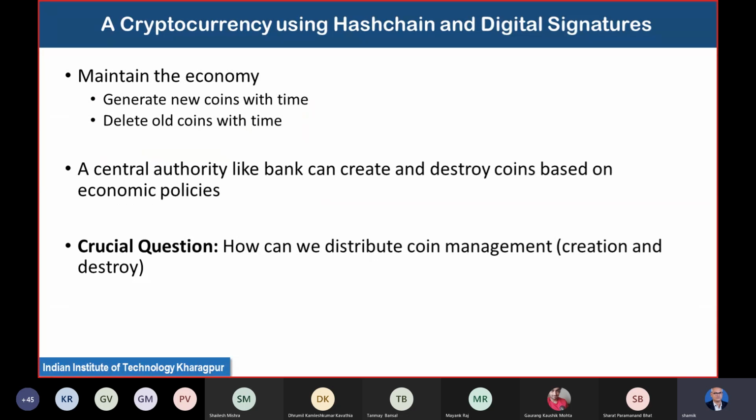So that is what is mentioned here, that you generate new coins with time. We'll study how new coins are generated, and in order to maintain the economy, the old coins are deleted, so that there is a fixed flow, not an indefinite flow of currency, because that would lead to inflation and all that. So some of the coins are deleted and so on.